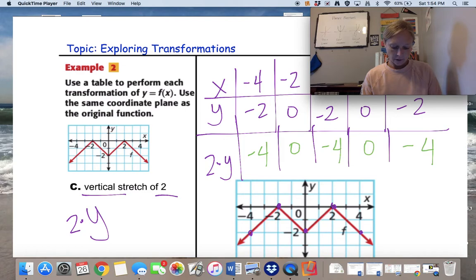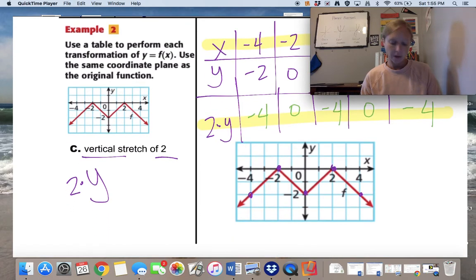So now I've got these 2 values to make up my ordered pairs, and I'm going to start plotting them on my graph. First, over -4, down 4, over -2, up 0.